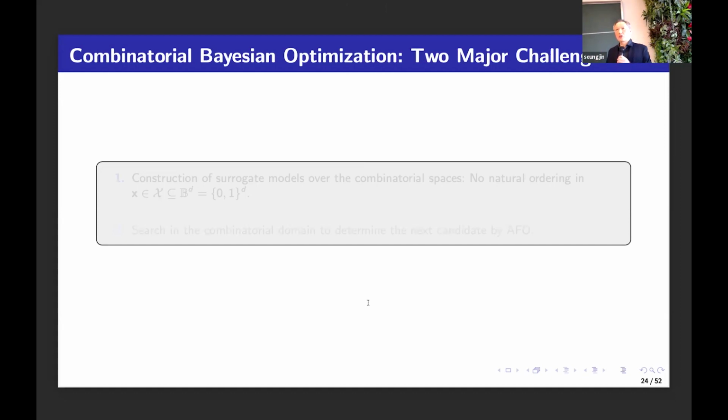GP regression relies on the kernel, which measures the similarity between two points. Or if you are able to measure the distance between two points, that is okay too, since similarity and distance carry the same information. However, suppose you have Boolean vectors.